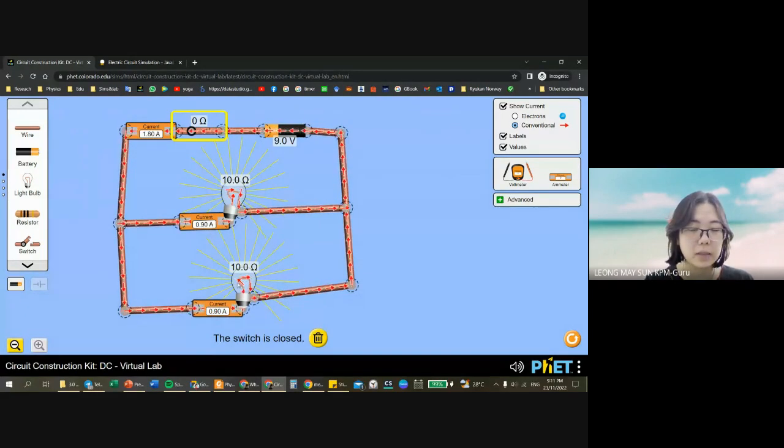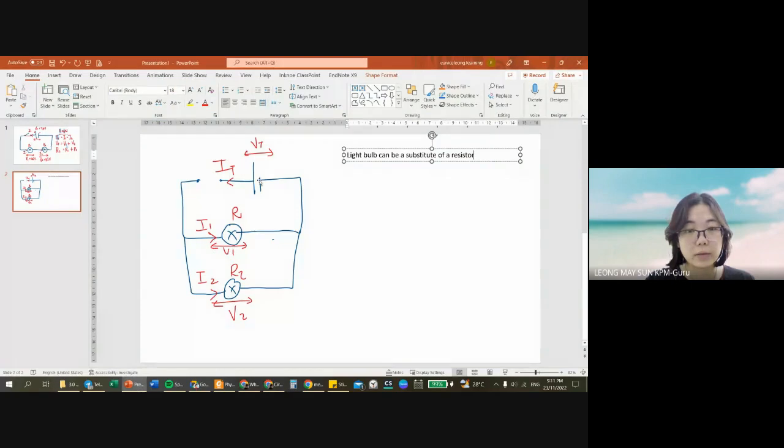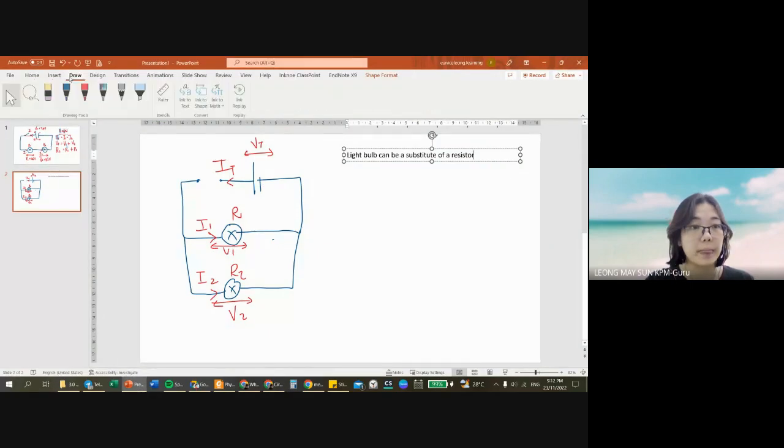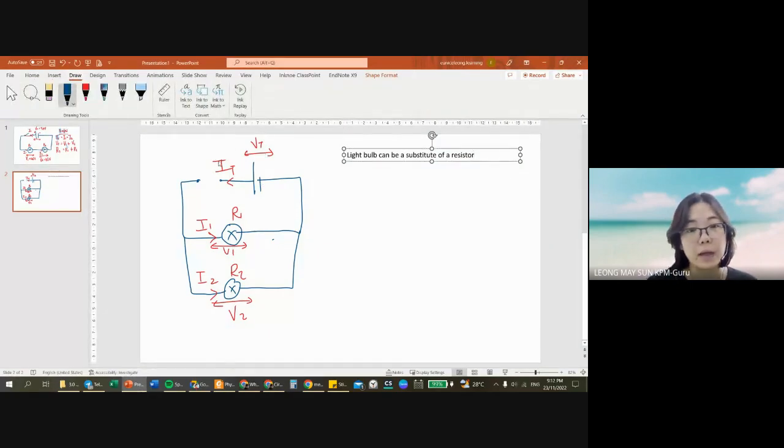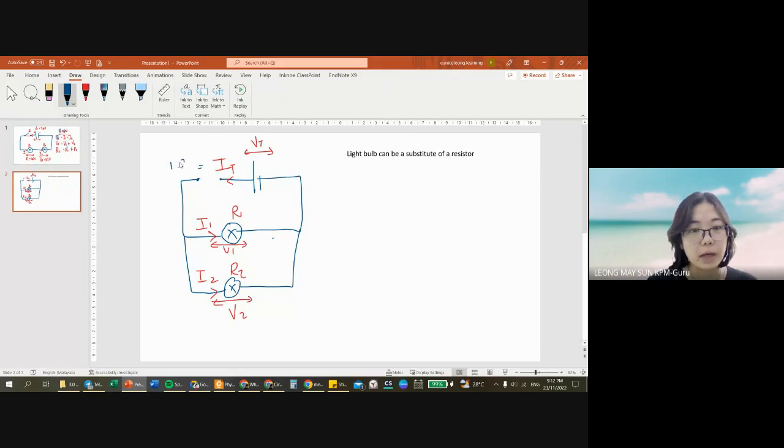The one that enters resistor 2 or light bulb 2 is 0.9 ampere. So if I were to go back to here, this is 1.8 ampere. I1 is 0.9 ampere. I2 is 0.9 ampere.